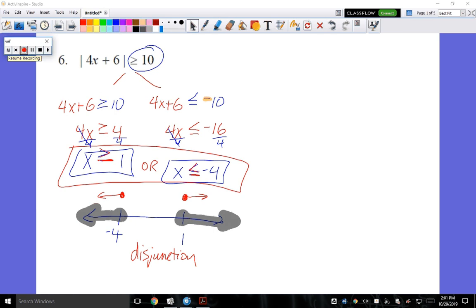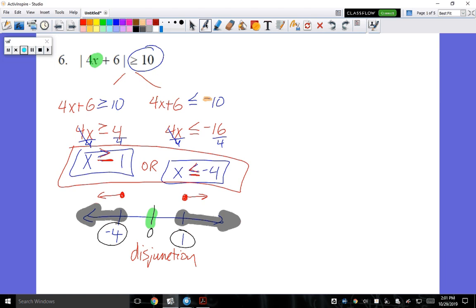Checking for an extraneous solution, let's try something that is in one of these regions, or something where it's not supposed to be correct. Let's check 0, since it's between this negative and this positive number. If I put 0 in my original equation, 0 times 4 is 0, plus 6 is 6.